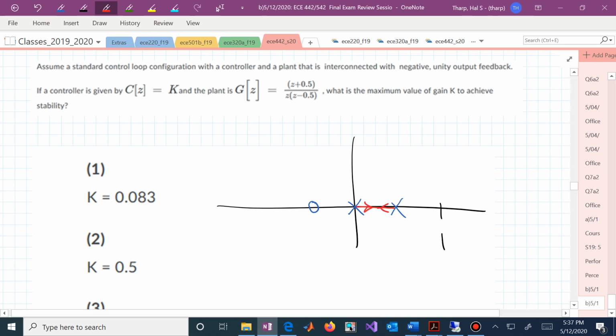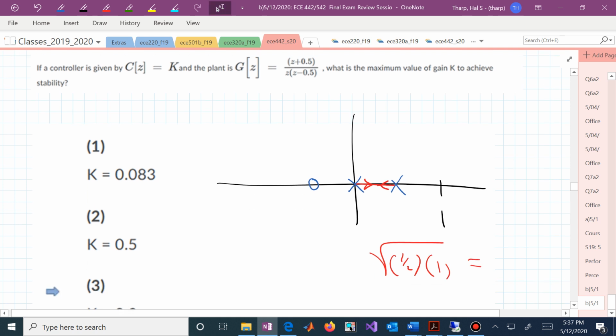We can determine what that breakaway point is going to be, or what our circle radius is going to be, by the geometric mean. The geometric mean is the square root of 1/2 times 1, or the square root of 1/2, which is the square root of 2 over 2, or 0.707.